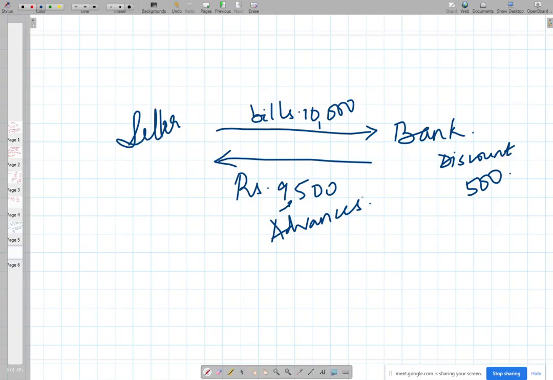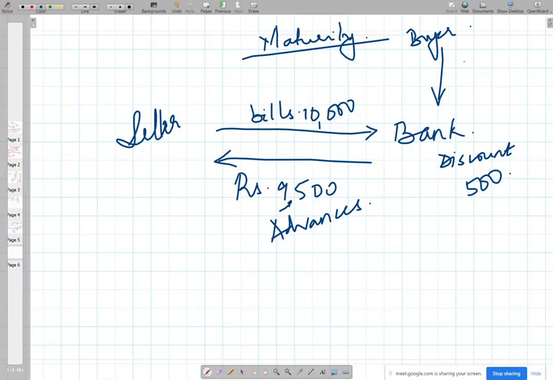Later, when the maturity date comes, after 2 or 3 months, the bank will recover that money from the buyer. So the buyer who was supposed to pay the seller will instead pay the bank. That's another part of it.